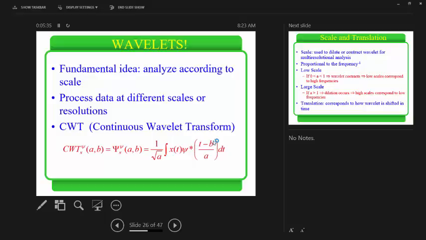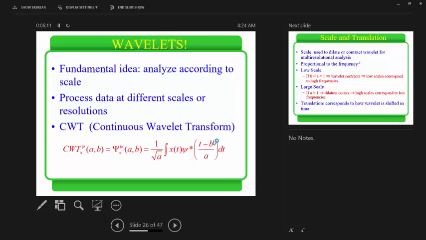But what about the translation? Here the idea is that by varying the value of B, I can change the position of this wavelet relative to the original signal whose wavelet transform I want. For example, if I want to get the transform for this part that corresponds to the low frequency, I will put B at a certain value, let's call it B1. If I want to analyze this signal within this other part, I need to move this wavelet by changing the value of B to B2.